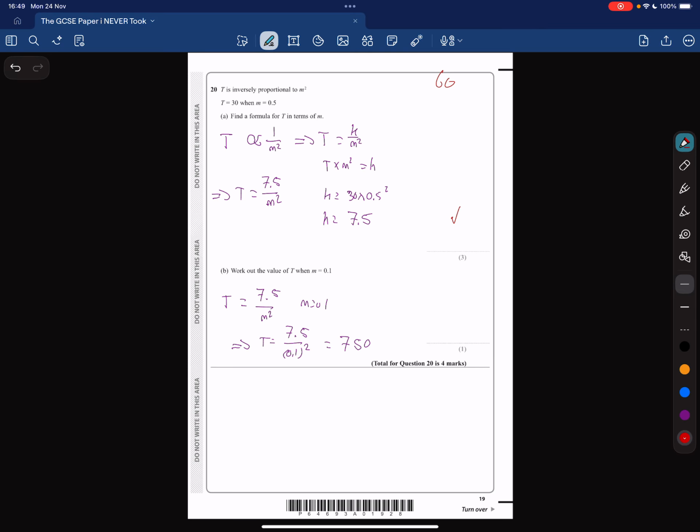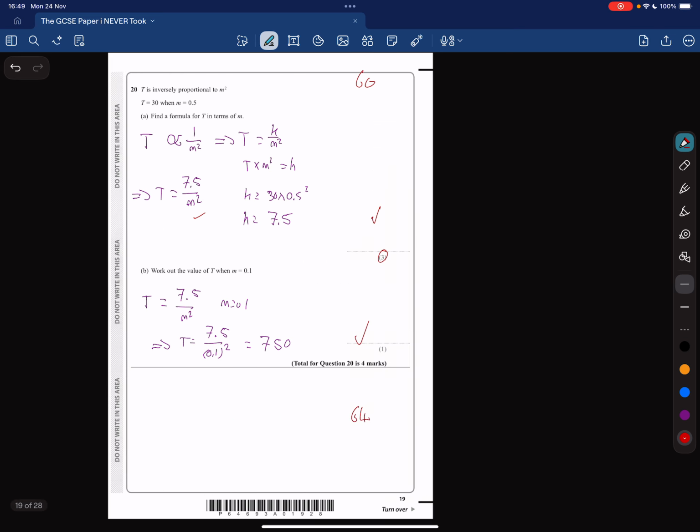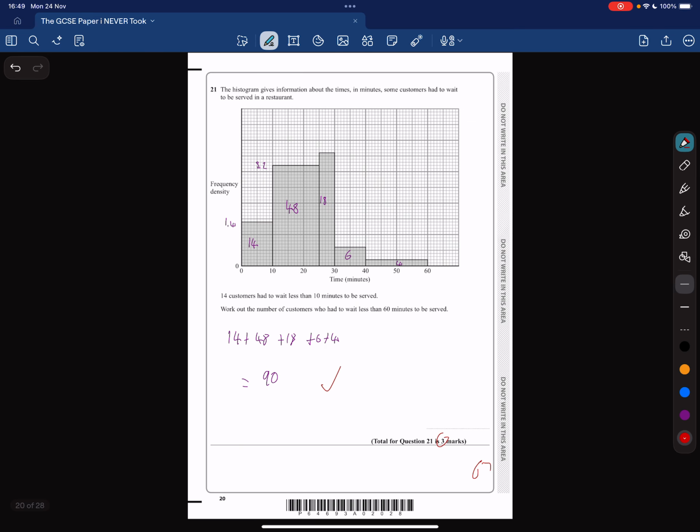Okay, yeah. 7.5. This is right. That's all 3. And then 750. Yep. So 64. 21. So yeah, 90 is right as well. 67.